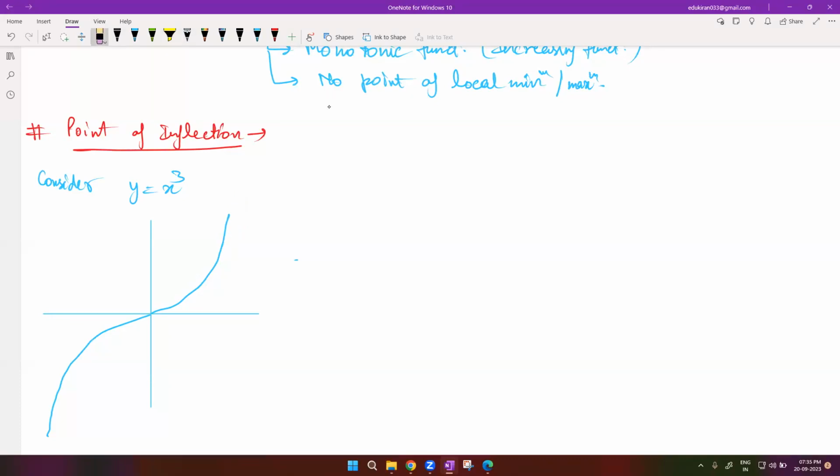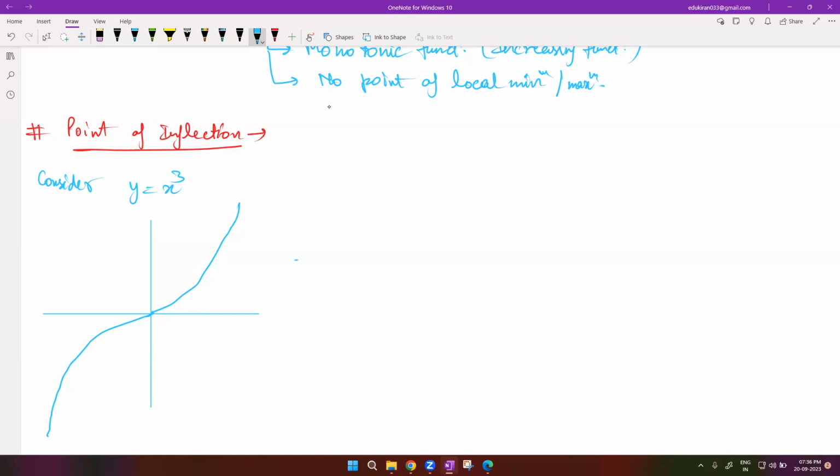I mean, you got the shape. So this is the shape of y is equal to x cube.